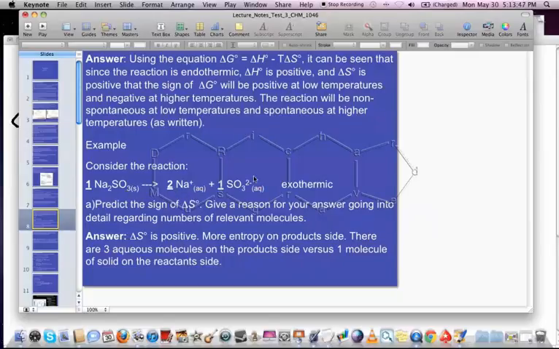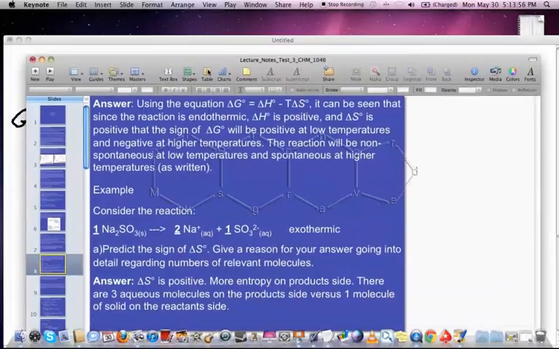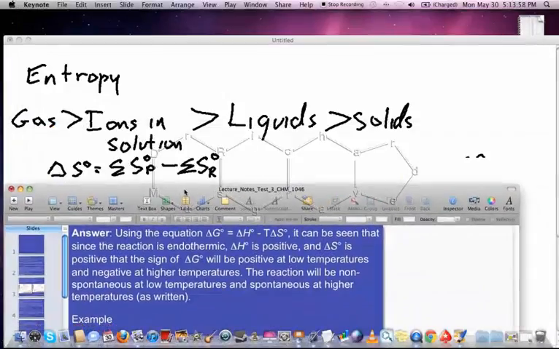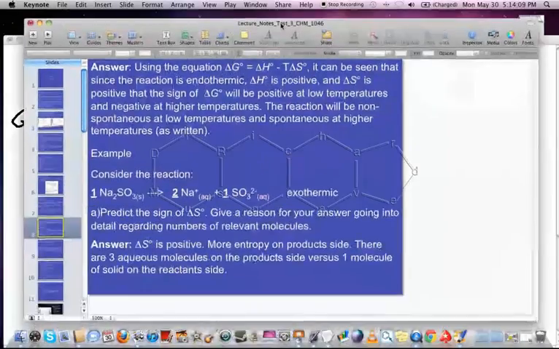Since aqueous ions have more entropy than solids do, then we can predict that the sign of delta S here again will be positive. It will be for the same reason, because we have more entropy on the product side than we do the reactant side. We're going to end up with a positive value of delta S. A big number minus a small number is going to be a positive value.